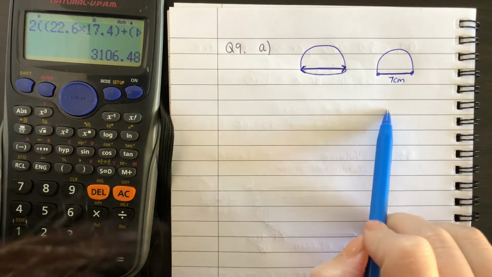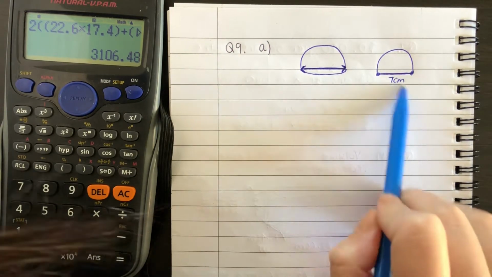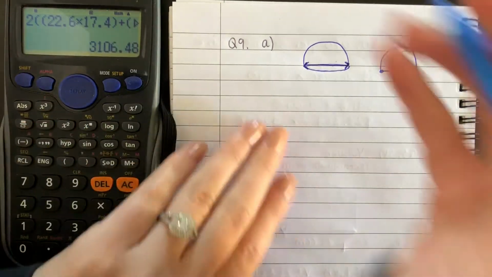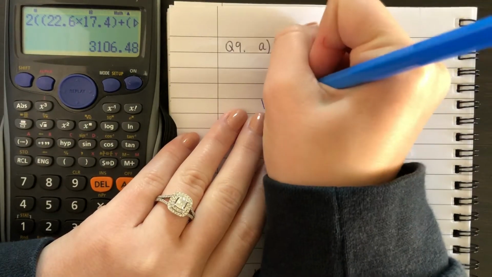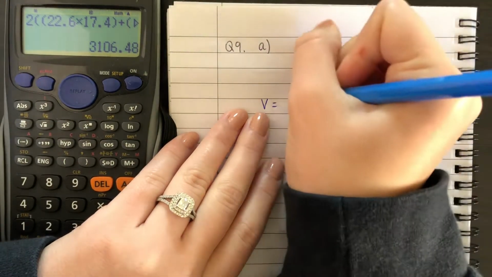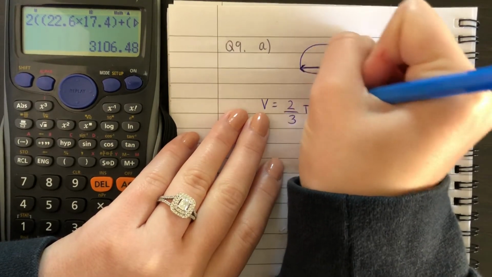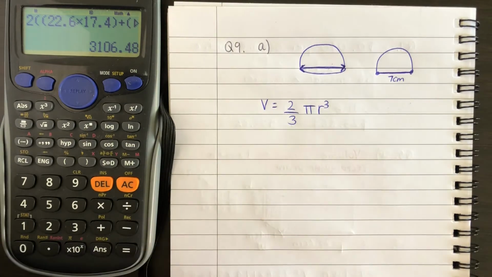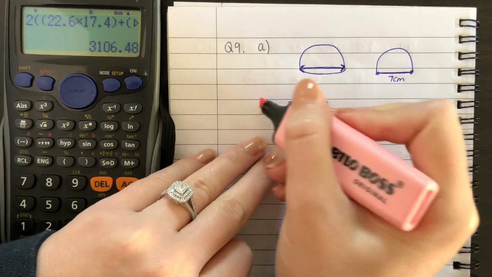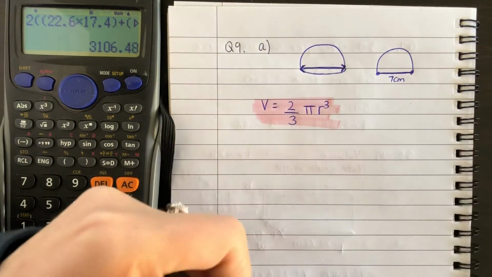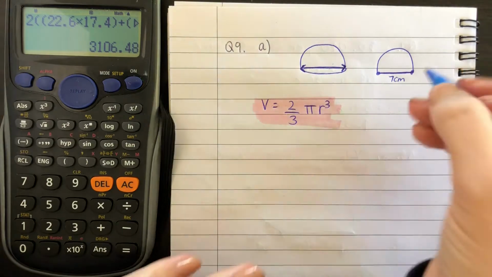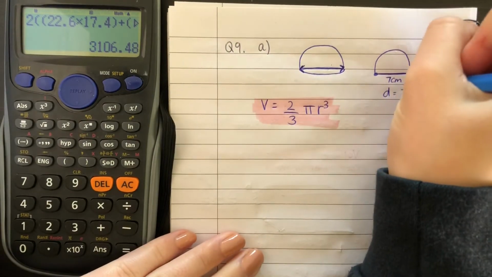So what's the volume of this? Well, what's our formula for the volume of a hemisphere again? Volume of a hemisphere equals 2/3 pi r cubed. The diameter is 7.